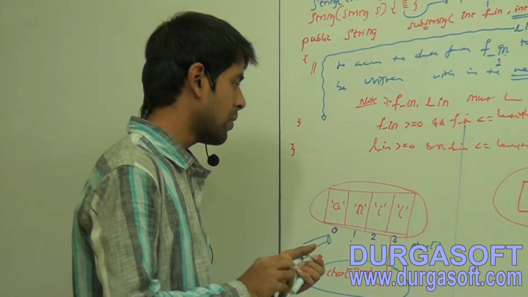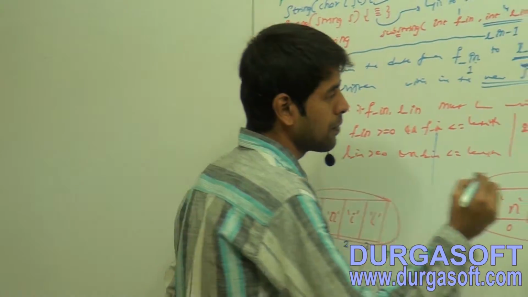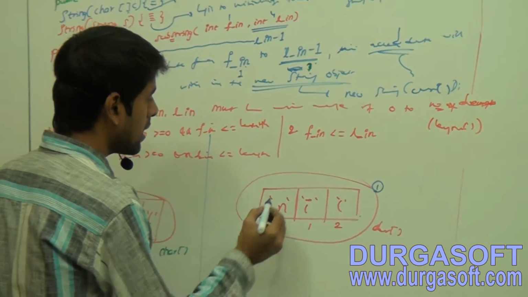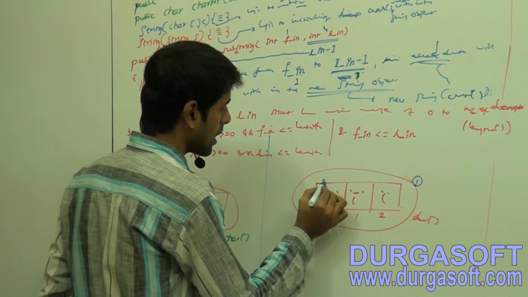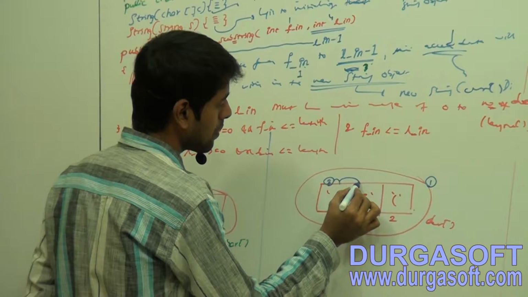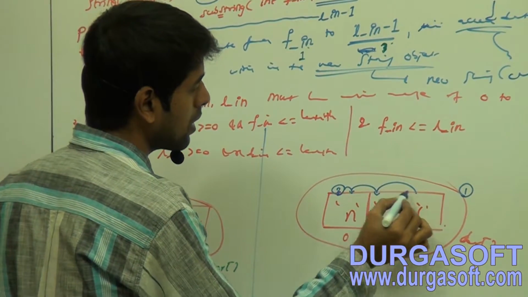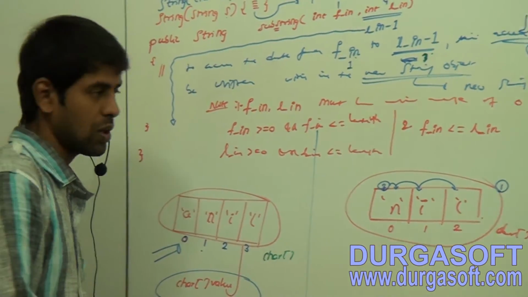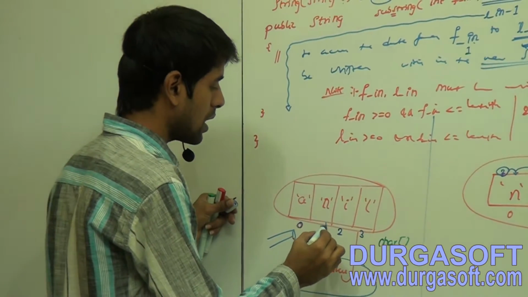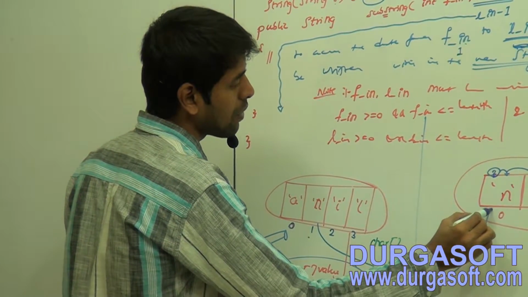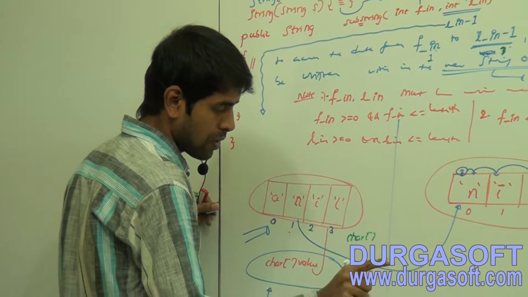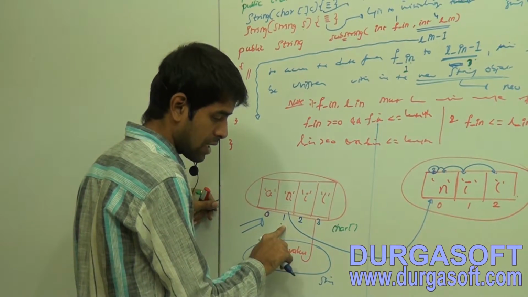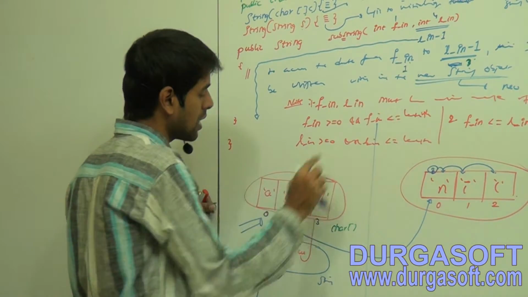Okay, so first I will create this object. Later I will fill this data. Filling I will do later. That is initializing. So I will take the first index character value. Don't get confused: first index and 1.